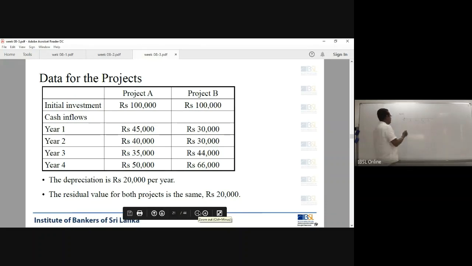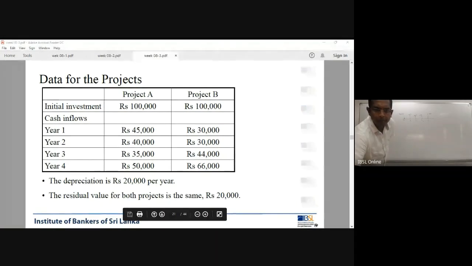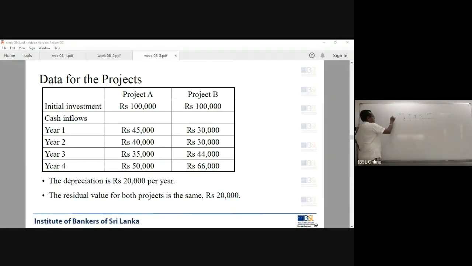We have cash flows of 45K, then 40K, 35K and 50K. Right? This is the cash flow of project A.